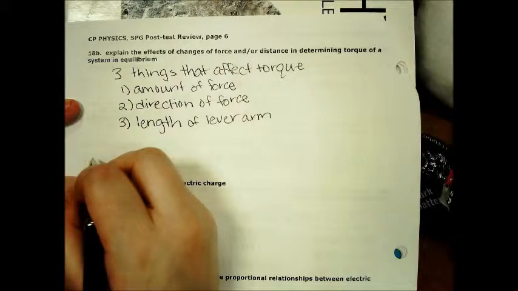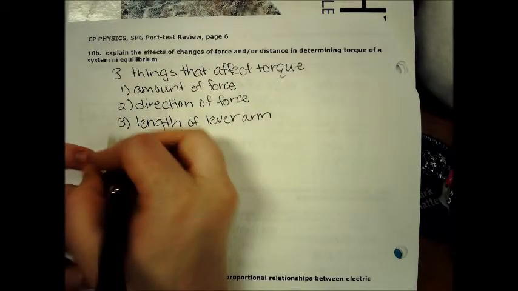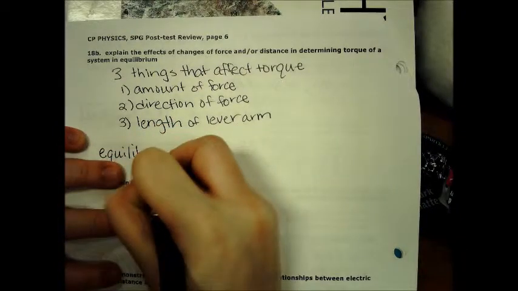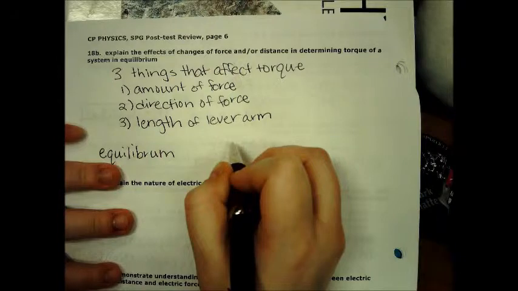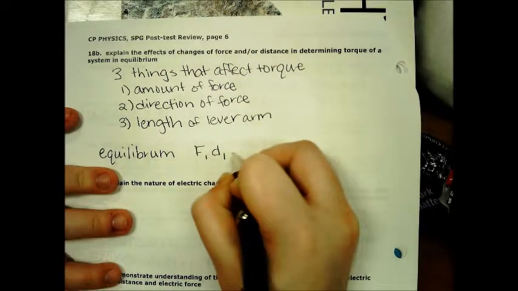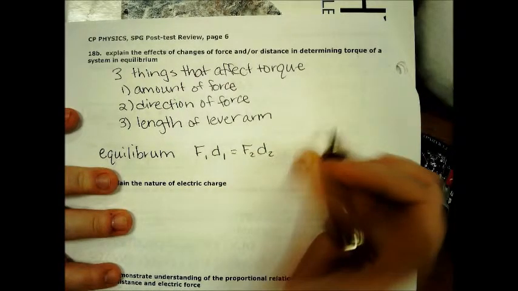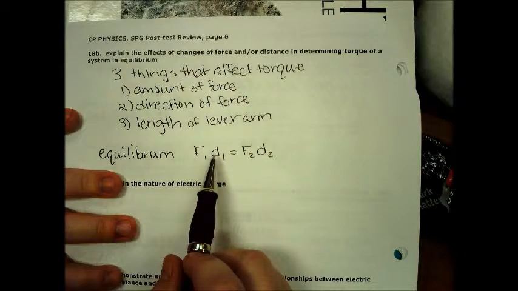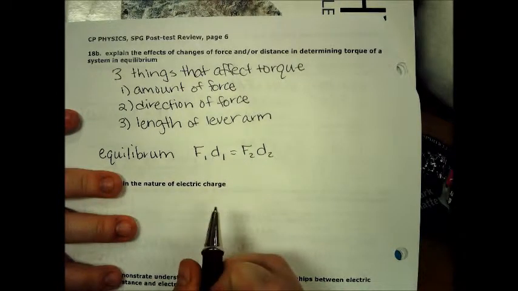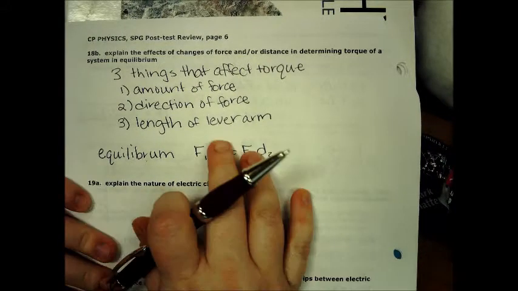When you're talking about things in equilibrium, the torque on each side must be equal, which is represented by F1 D1 equals F2 D2. So heavier objects need to be closer to the center, whereas lighter objects need to be further from the center to reach equilibrium.